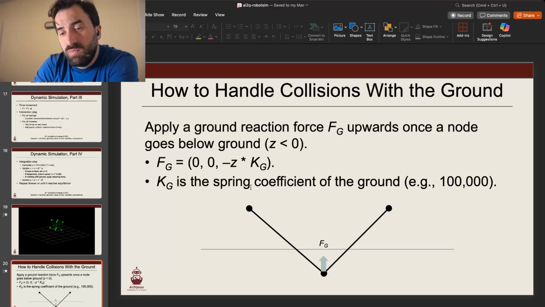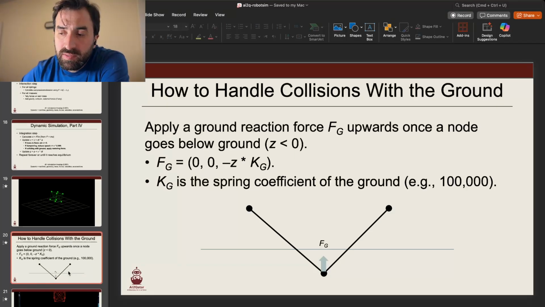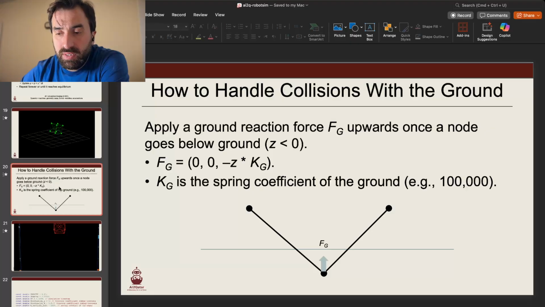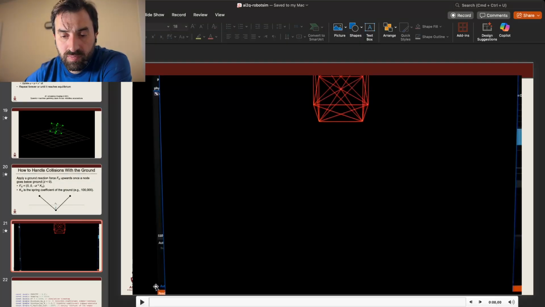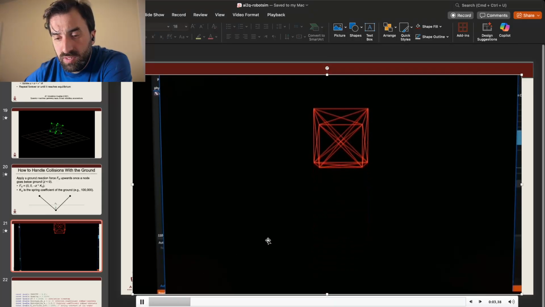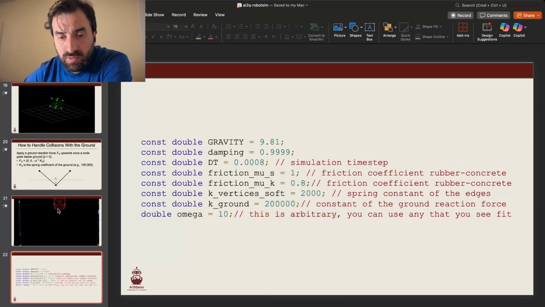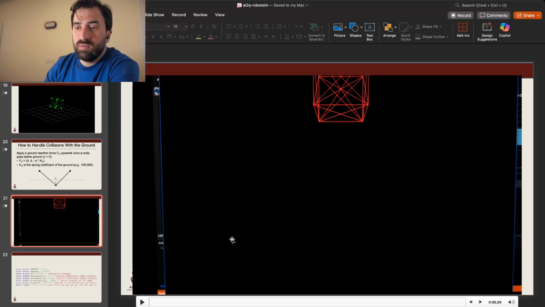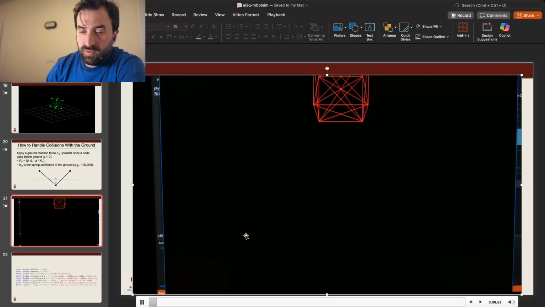K sub g is the spring coefficient of the ground. It could be like 1,000 or 100,000. The harder the surface is, the larger k sub g is going to be. Here's an example of bouncing an object off the ground.